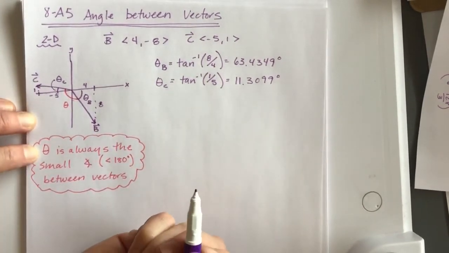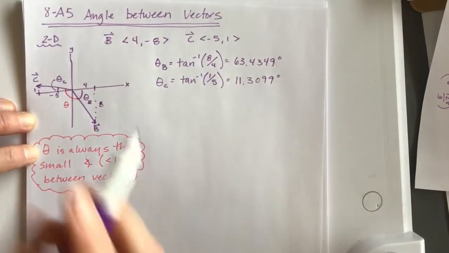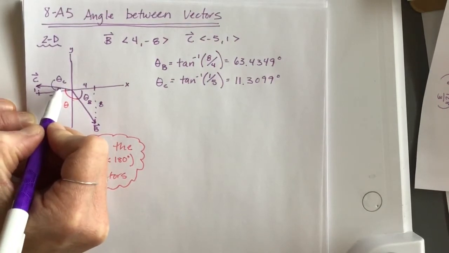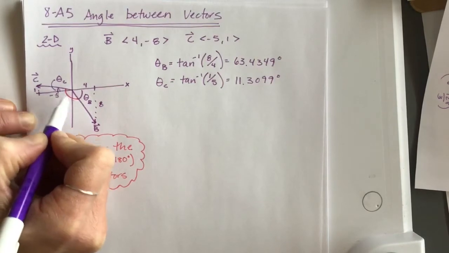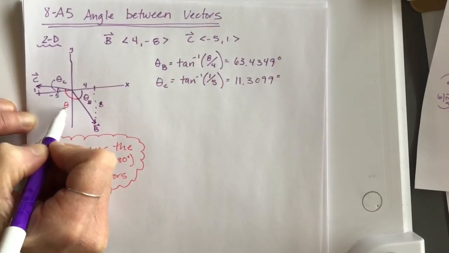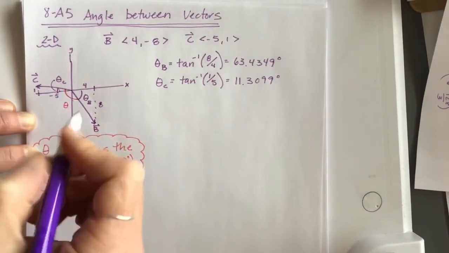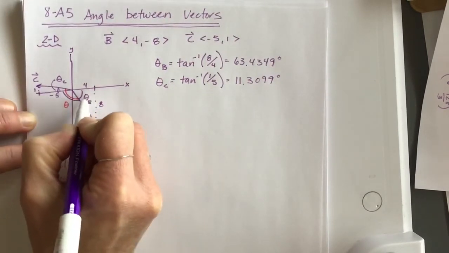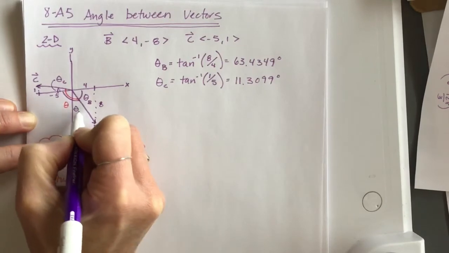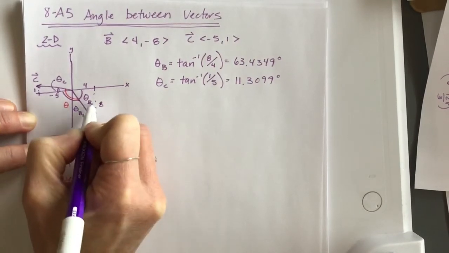It's too confusing. Now we've got this angle, and we need to know what this other angle is to be able to add those two together to get theta. This is the supplementary angle to theta B. I'm going to call that theta B2, and this one B1.